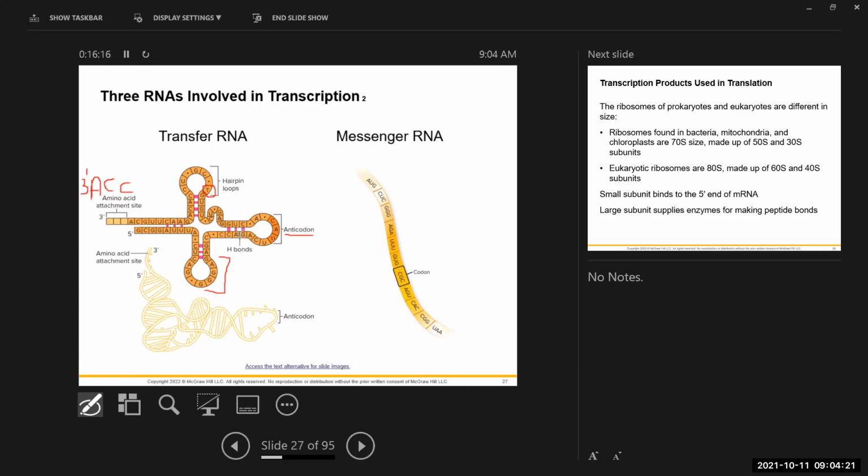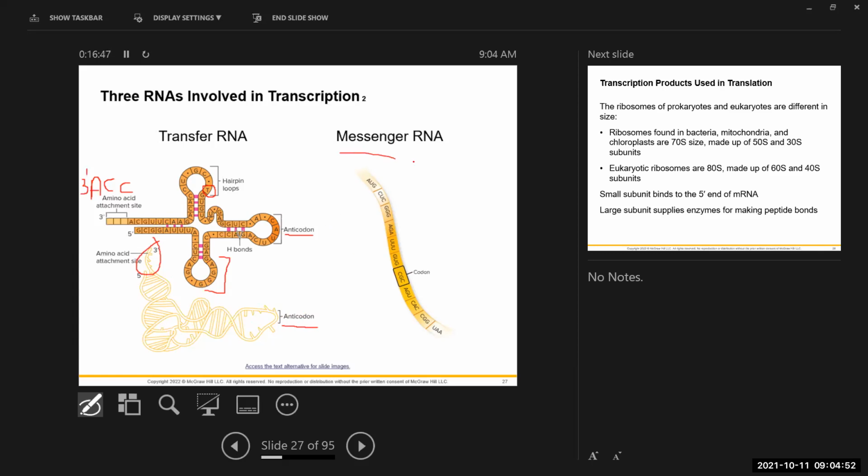So the molecule has an L shape to it. And these 2 loops here, the thymine loop and this loop down here, they are hydrogen bonding together like this. They're kind of clapping their hands like that. This then bends this way, and this bends down that way. This is the tertiary structure of your tRNA. Your amino acid gets attached right here, and this anticodon interacts with the messenger RNA.